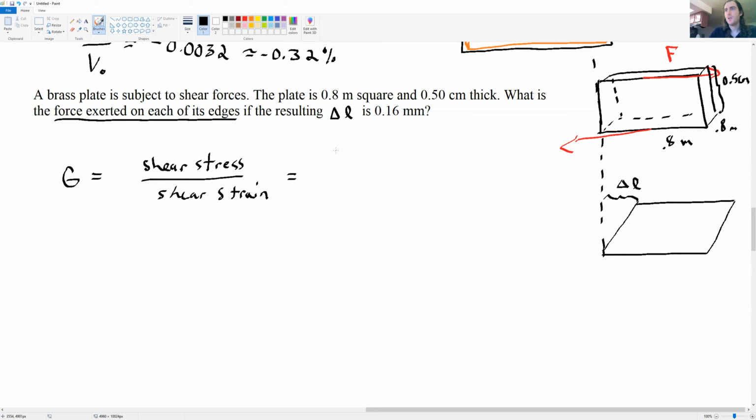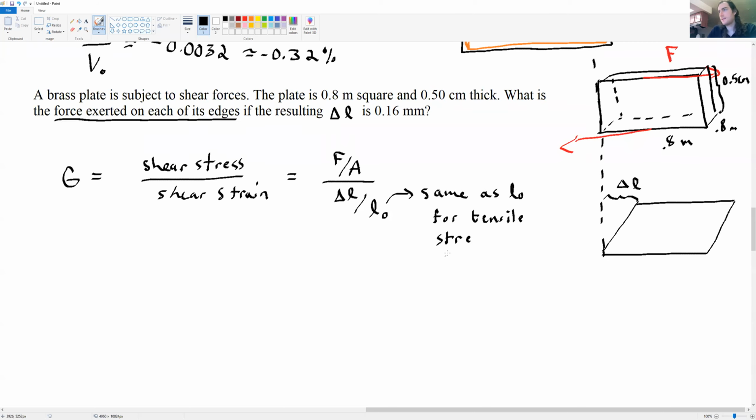Shear stress is force over area, and shear strain is delta L over L0, the same as L0 for tensile strain.